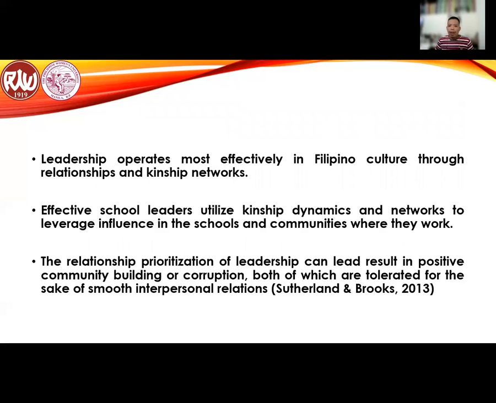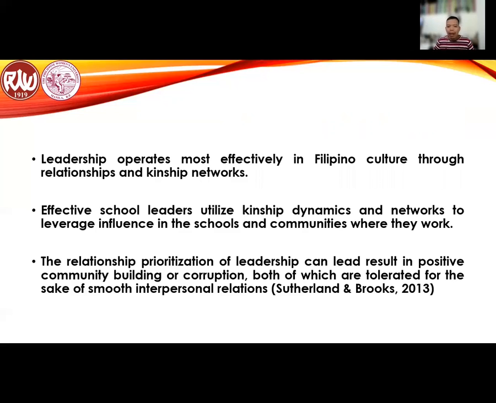Yet, while the Philippines has adopted some more modern ways of thinking about the principalship and about leadership, there is a tension in that, in order to be culturally relevant, these ideas must be interpreted in relation to how leadership actually occurs in Filipino culture.